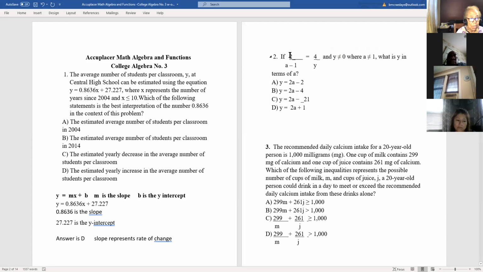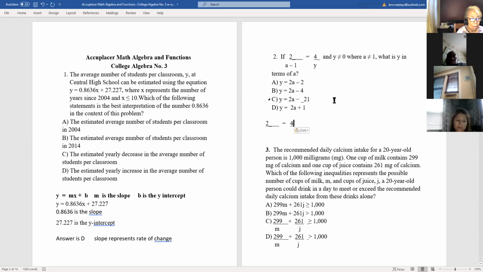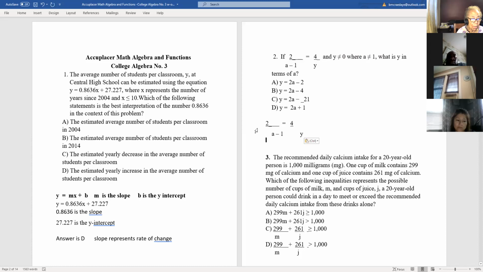So let's see if we can copy this here so we can make our changes. So that's 2 divided by a minus 1.